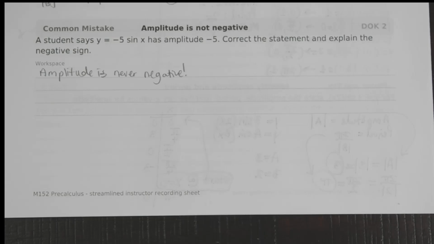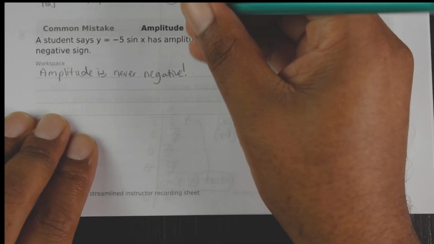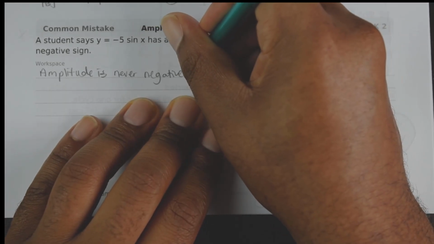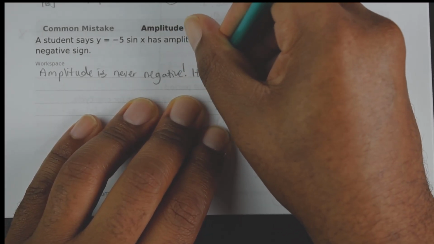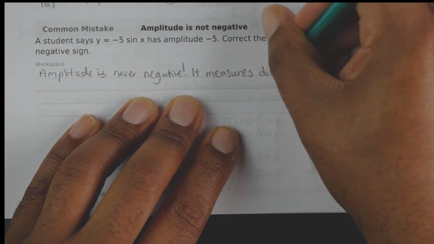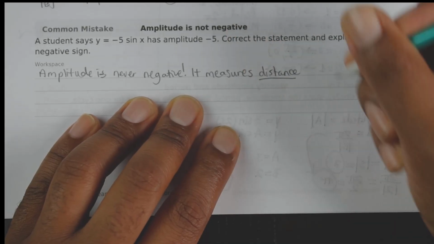The amplitude simply measures the distance from the midline to the maximum or the minimum. Distance is the key word. That's why we use the absolute value.